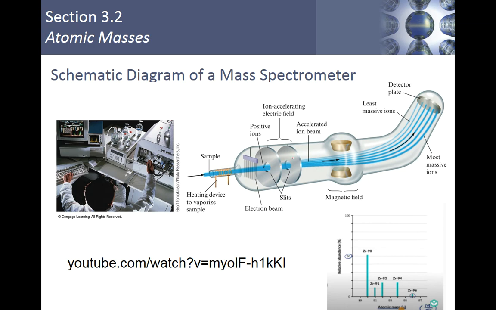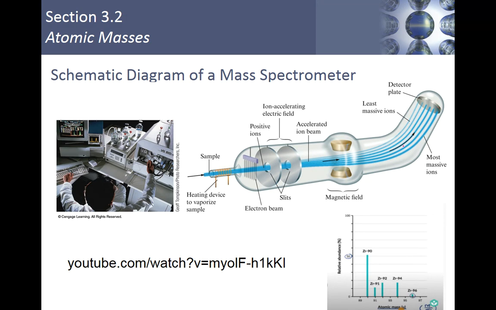Then it goes through these little slits right here and runs towards this magnetic field. Now that the ions are charged, the magnet is going to push them in a certain direction. The heavier ions are not going to get pushed as far because they're larger, and that puts them into this spot on the mass spectrometer.